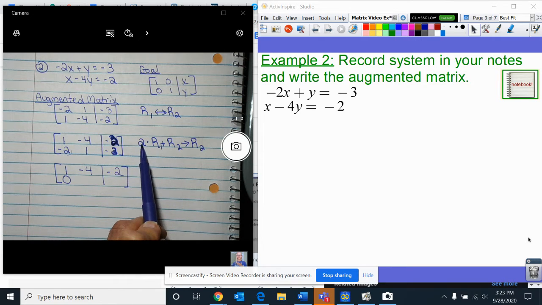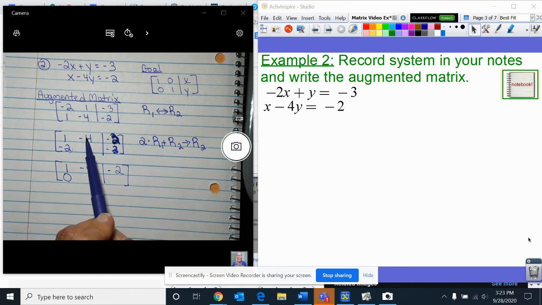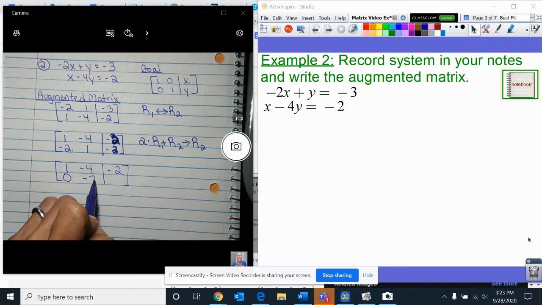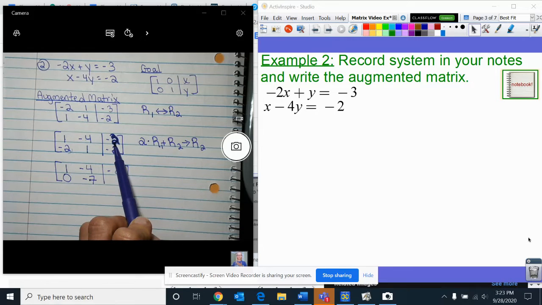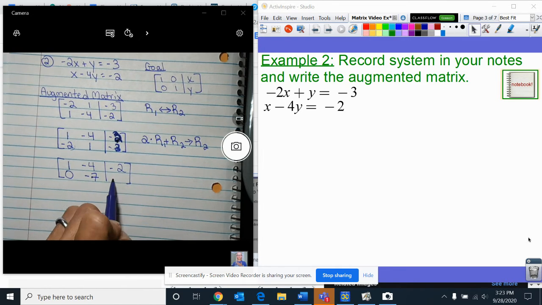And then 2 times negative 4, which is negative 8, plus 1 is negative 7. And lastly, 2 times negative 2 is negative 4. Negative 4 plus negative 3 is negative 7.